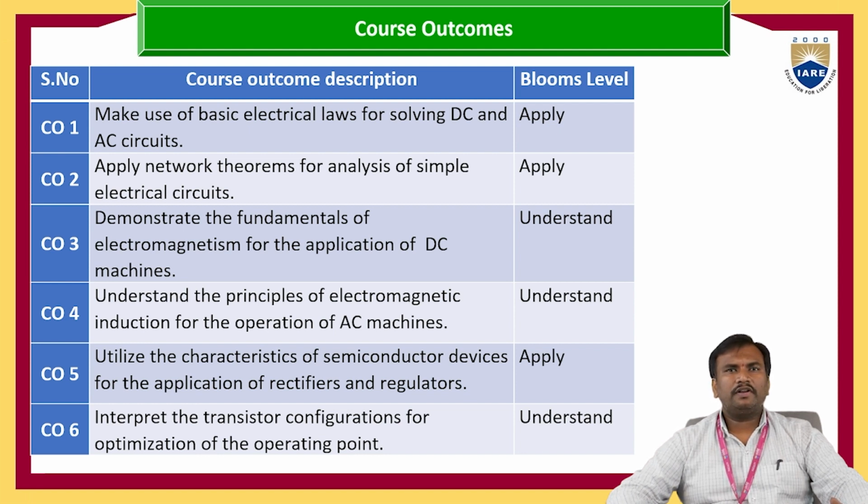And the fifth course outcome is utilize the characteristics of semiconductor devices for the application of rectifiers and regulators. And the sixth course outcome is interpret the transistor configuration for optimization of operating point. These are the course outcomes which the students are going to achieve after the successful completion of this particular course.